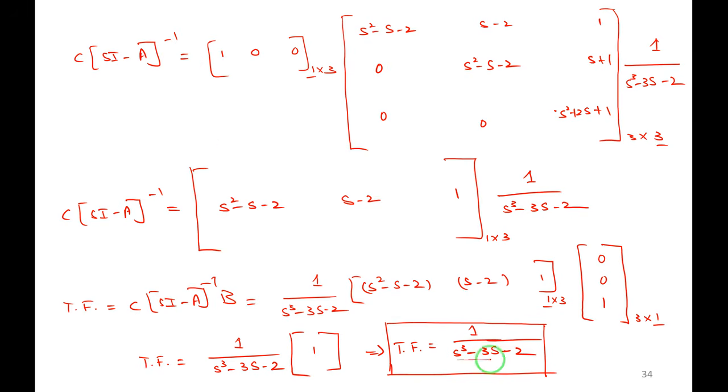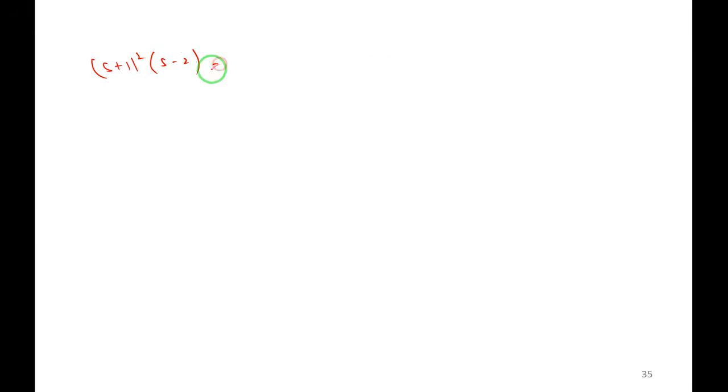Whether I will get the same thing, s cube minus 3s minus 2, let me check it. (a plus b) whole square is a square plus b square plus 2ab, so s square plus 2s plus 1, into (s minus 2). So let me multiply with s: s cube plus s, plus 2s square, then minus 2s square, minus 2, minus 4s.